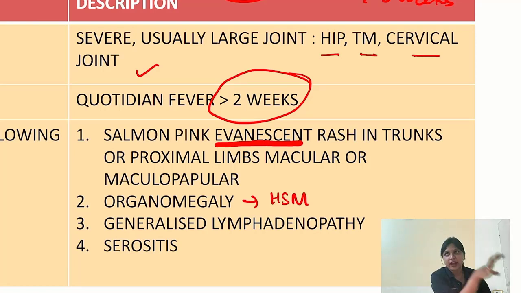So if I get a child who is complaining of arthritis in the large joints with fever for 2 weeks, weight loss, and rash, there can be two differentials. It can be a case of juvenile idiopathic arthritis, or it can be a case of IBD associated arthritis. If it is a case of IBD associated arthritis, we'll have diarrhea.